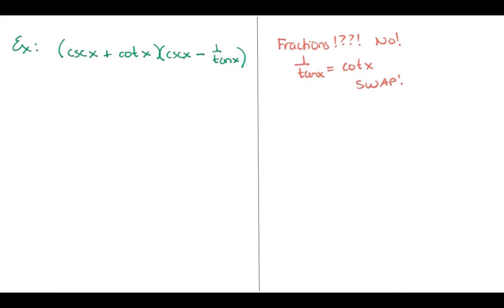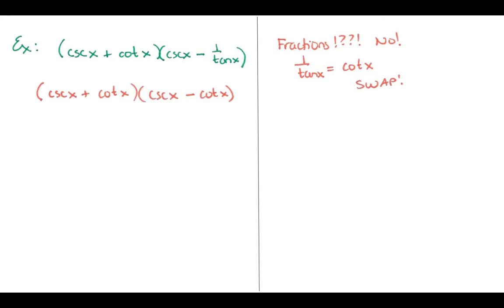And you might say, yeah, but aren't you taking a big 3 and changing it into one of its other 3? Yes. However, I also noticed that the first parentheses has a cotangent in it. So by swapping out 1 over tangent, yes, I'm going to a not big 3, but I'm also making it match the other parentheses a little more closely, which might let me do something. So I'm going to make that swap.